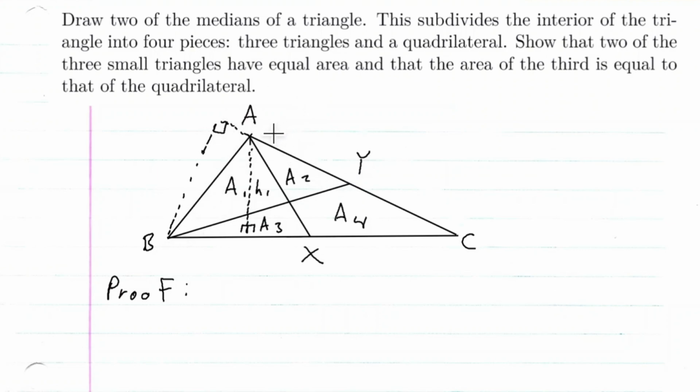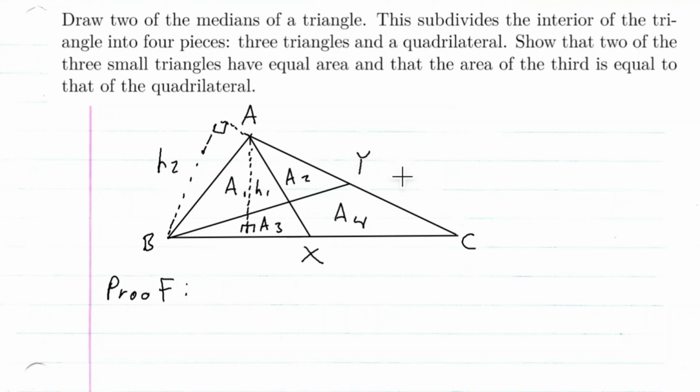My strategy is, if I can show that the area of triangle ABX is equal to the area of triangle ABY, then I know that A3 is equal to A2 because A1 is shared among them. We'll call this height H2.